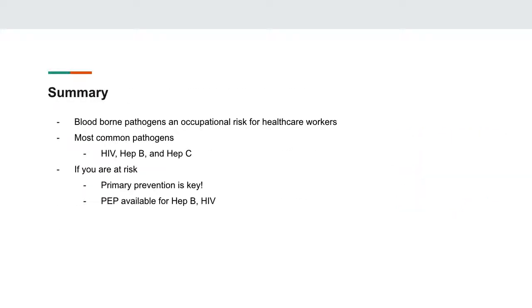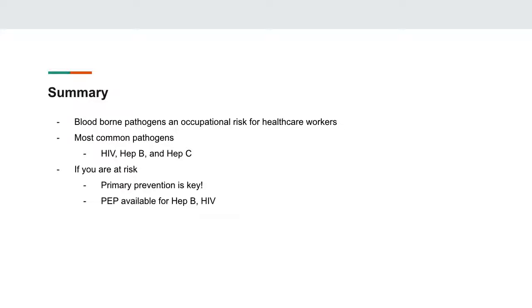So, just to summarize, as healthcare workers, we are exposed to all types of bugs, and you are in close contact with your patients all the time, which increases your risk of transmission of bloodborne pathogens. As we discussed, the most common pathogens that are transmitted include HIV, Hep B, and hepatitis C. Primary prevention via using safety precautions and getting vaccinated are the most important steps that you can take in reducing the risk of getting infected.